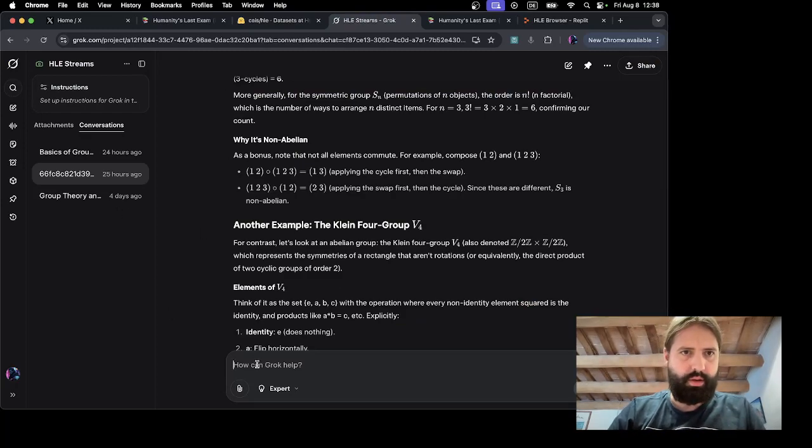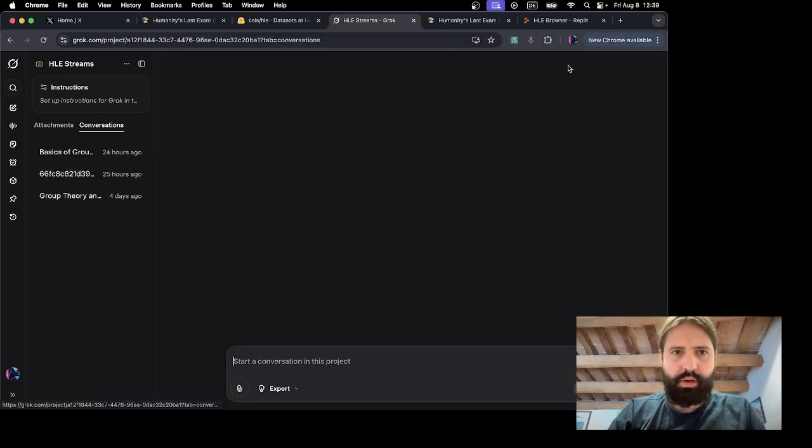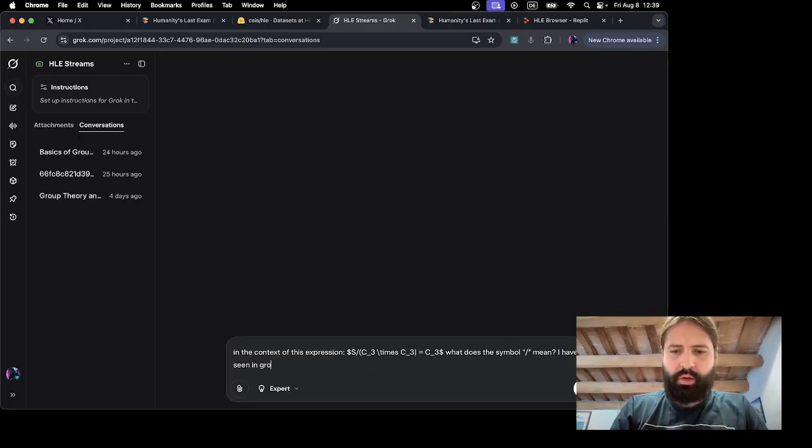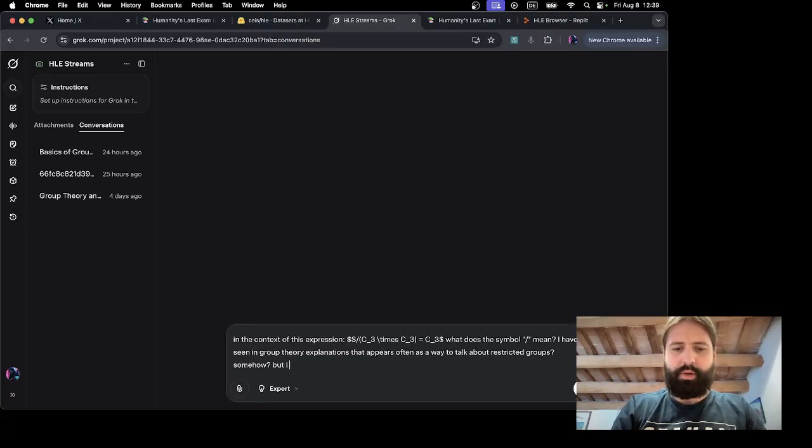In the context of this expression, what does the symbol mean? I have seen in group theory explanations that it appears often as a way to talk about restricted groups somehow, but I have no idea.